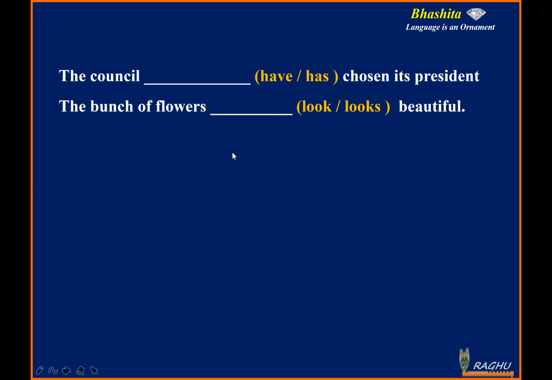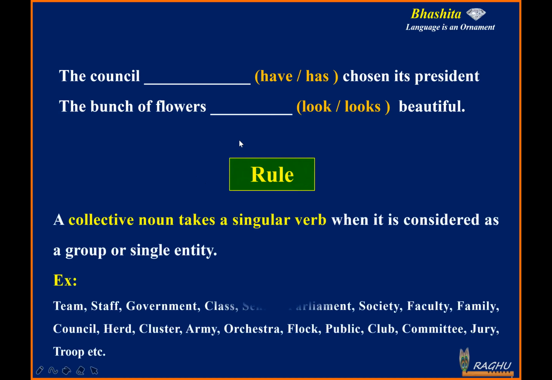You know that if you know the rule, it is easy to answer them. Let us know the rule now. There are collective nouns in the English language. They always take a singular verb when they are considered as a group or a single entity.